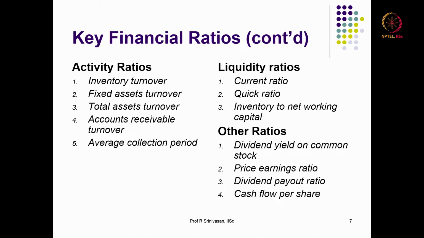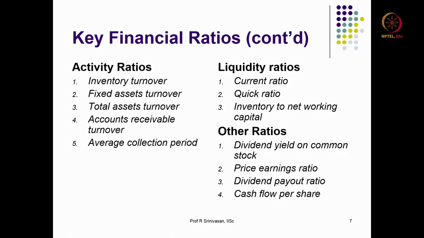Then average collection period indicates the average length of time the firm must wait after making a sale before it receives payment. Other ratios are with respect to dividend yield on common stock, which gives a measure of the returns to the owners received in the form of dividends.